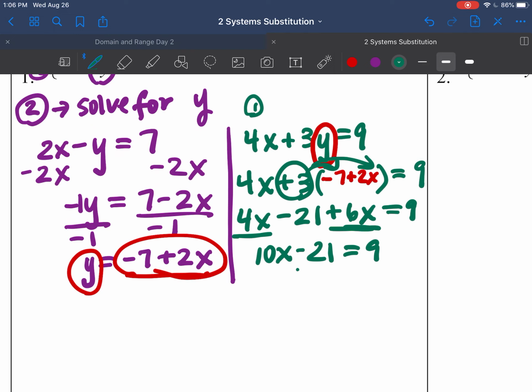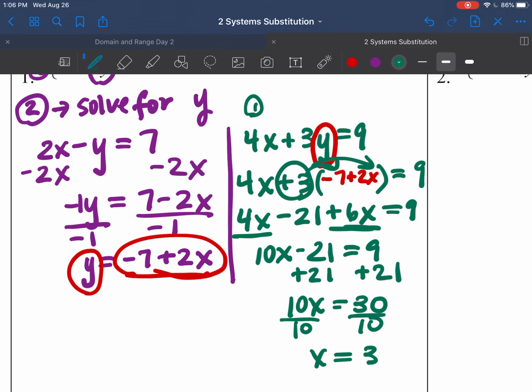And then we need to isolate the x expression. So add 21, giving us 30 on the right-hand side. Lastly, we divide by 10, and x equals 3.